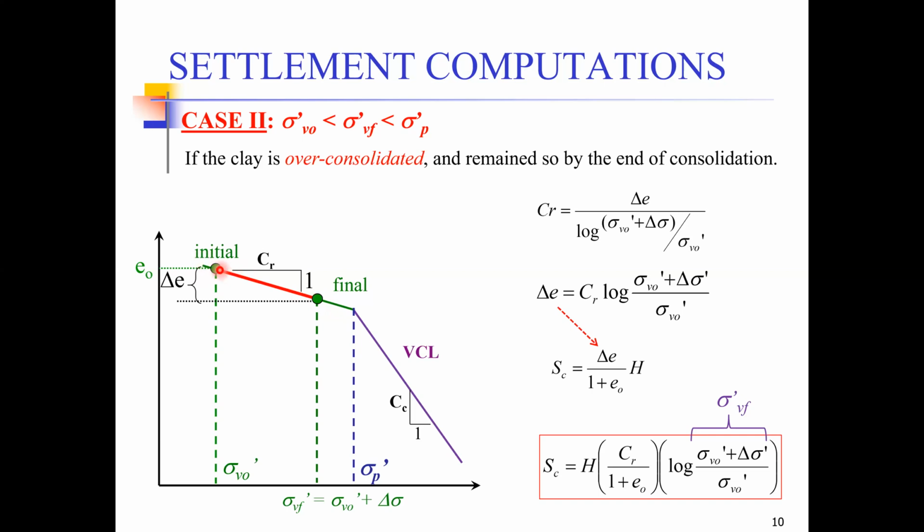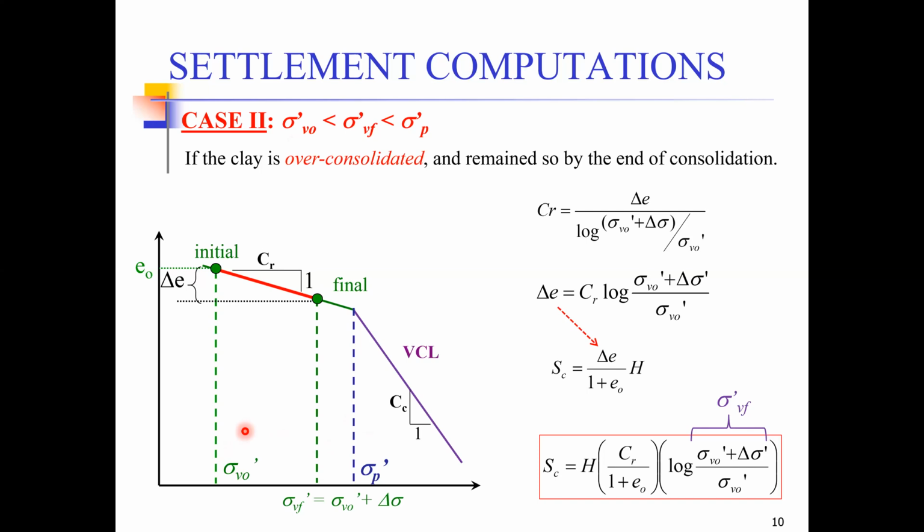But isn't it possible that your applied load is so high that it can overshoot this pre-consolidation pressure and start falling in this zone? In that case, the pre-consolidation pressure is greater than the initial pressure, while the final pressure exceeds it.